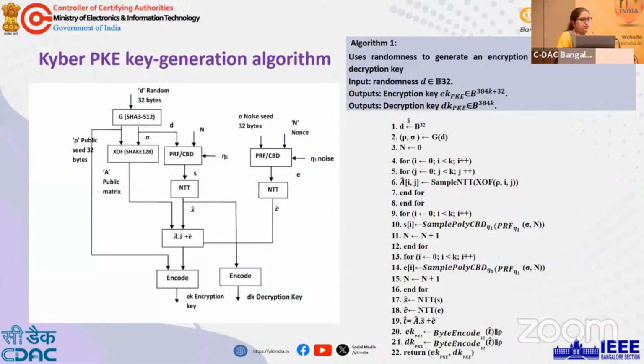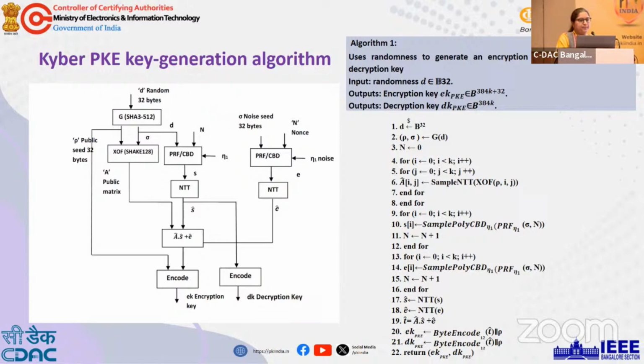So in Kyber we have PKE, that is public key encryption, which is used as the instantiation for the KEM. Under PKE we have key generation, encryption and decryption, and which is instantiated to ML-KEM.